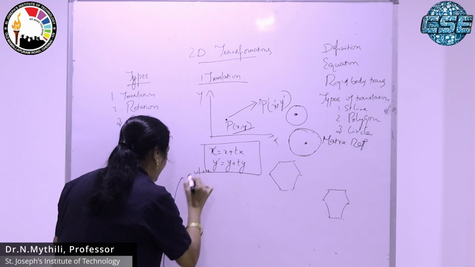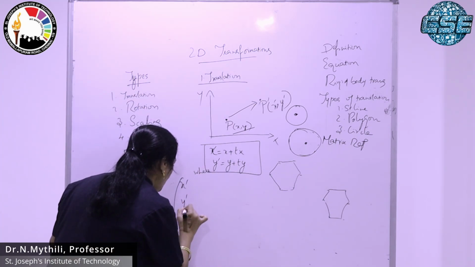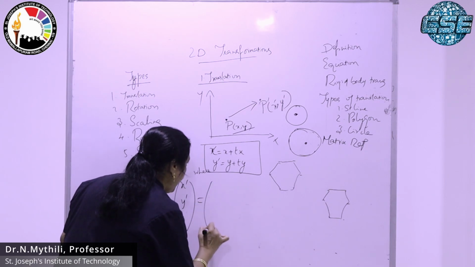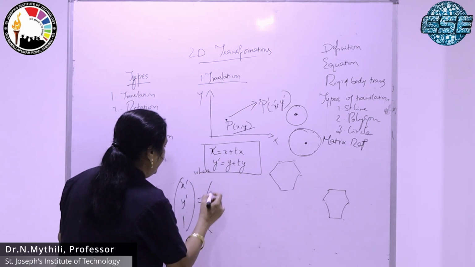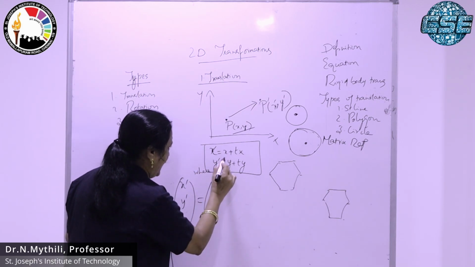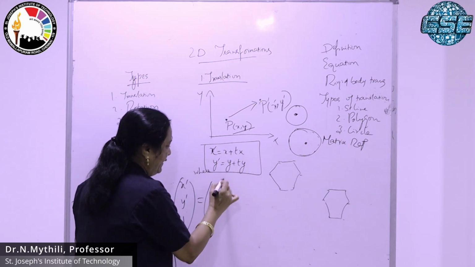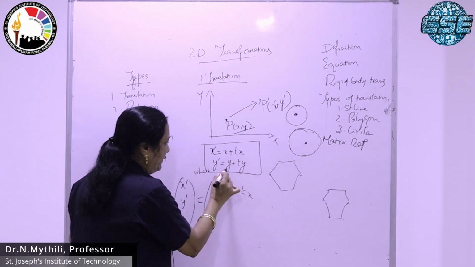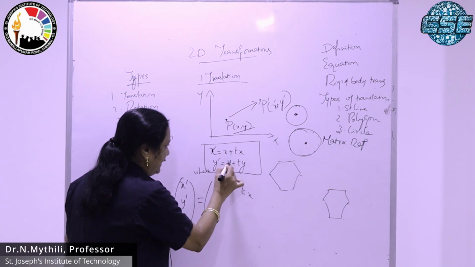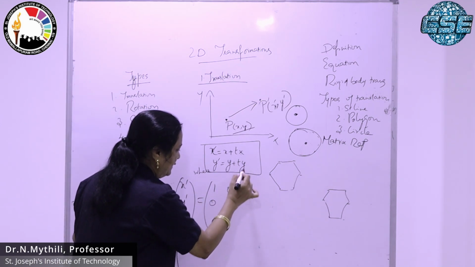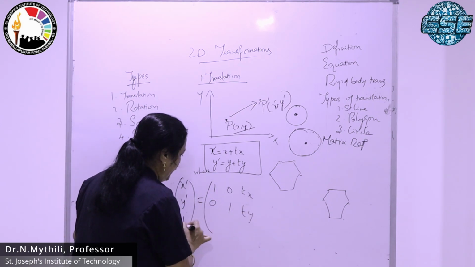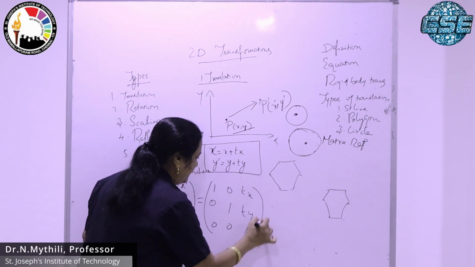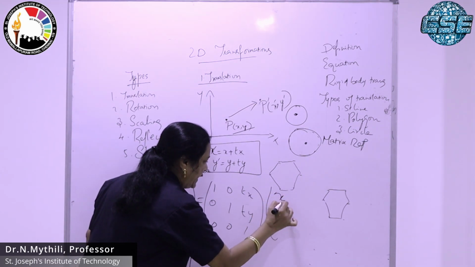So x dash, y dash, 1 is equal to: x into 1; we don't have any y value, so 0; and the constant is tx. In the next row, we don't have any x value, so 0; y into 1; constant ty; and the last row is 0 0 1, multiplied by x, y, 1.